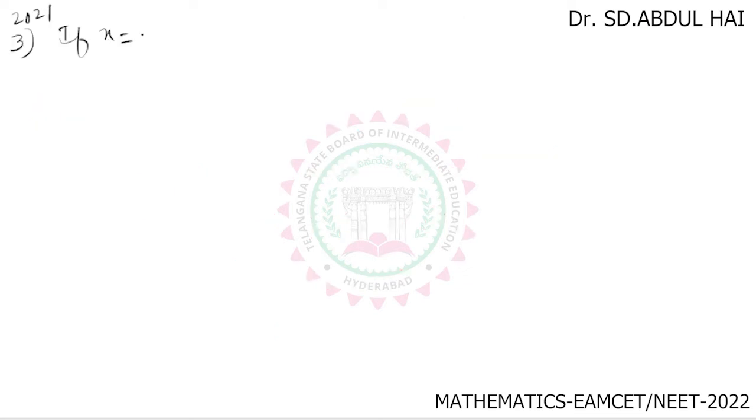Okay, x is not equal to minus y, and sin x plus sin y is equal to 3 times cos y minus cos x.